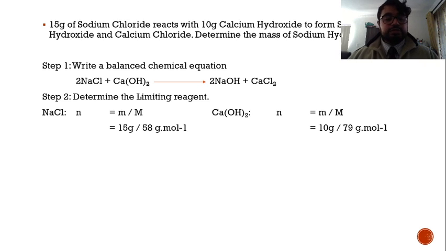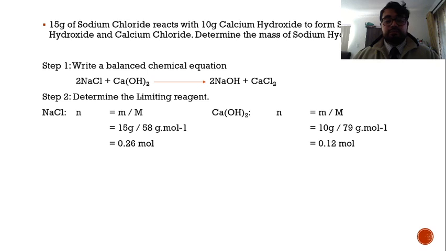So we have 15 grams of sodium chloride, and our molar mass is 58 grams per mole. For calcium hydroxide, we have 10 grams, and the molar mass is 79 grams per mole. Our number of moles is 0.26 mole of sodium chloride and 0.12 mole of calcium hydroxide.